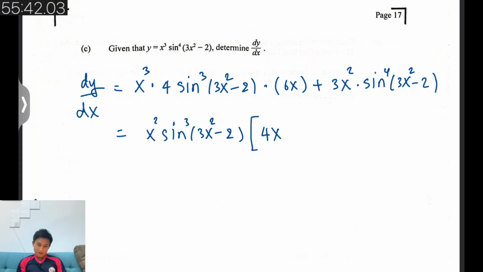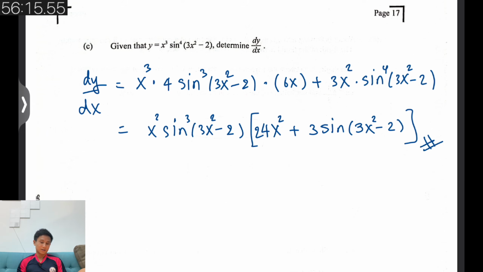Ooh, hang on, I also have another x here, so that should be x squared, and this is 24. Is that right? Yeah, that should be 24. Let me check that. Yep, it is. And then plus, taking x squared out, we just have 3 here, and then that is just sine, because there's going to be sine left here. And that's it, I think. So that's just dy by dx.